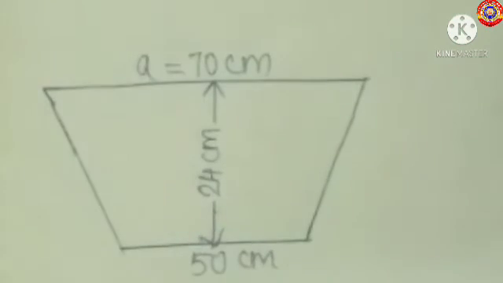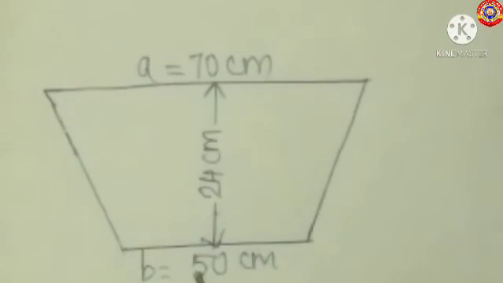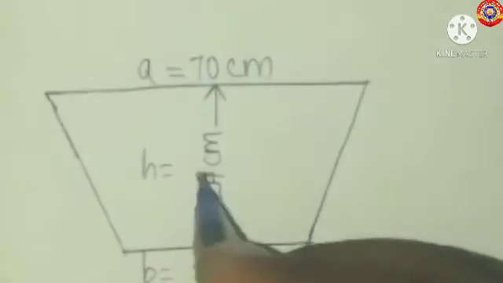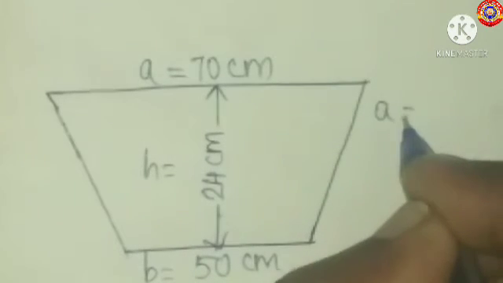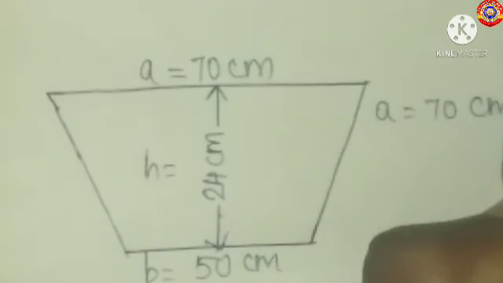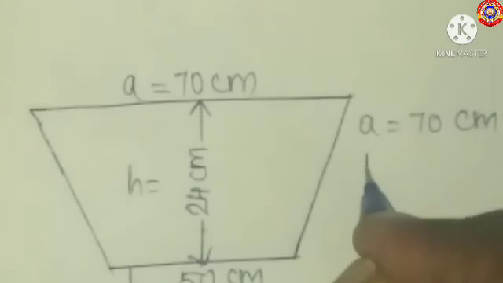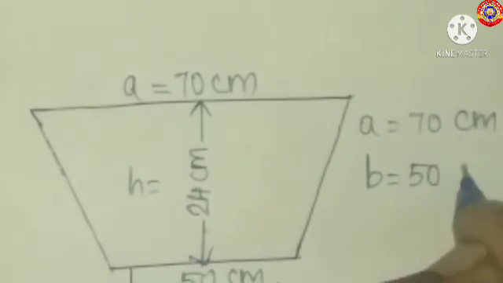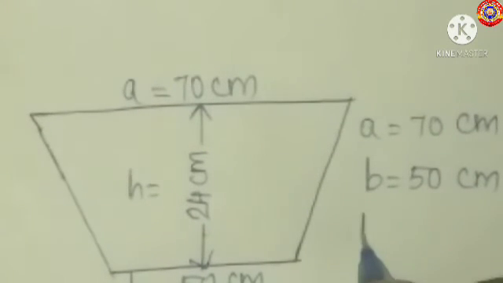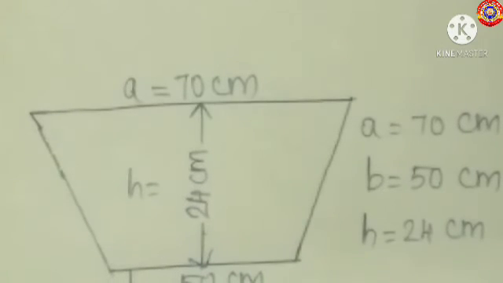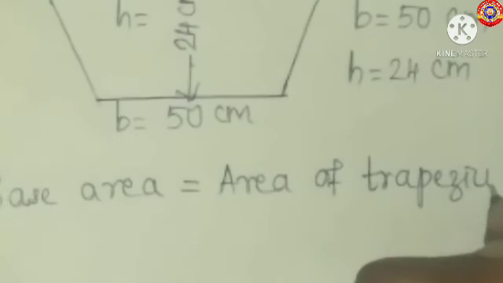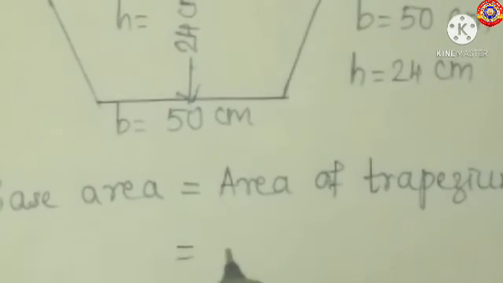Now, we can denote the parallel sides as A and B and the distance as H. Now, A equal to 70 centimeter, B is equal to 50 centimeter and H is equal to 24 centimeter.